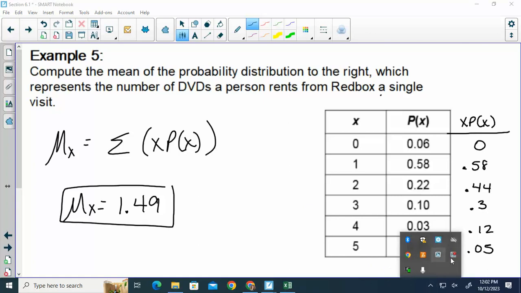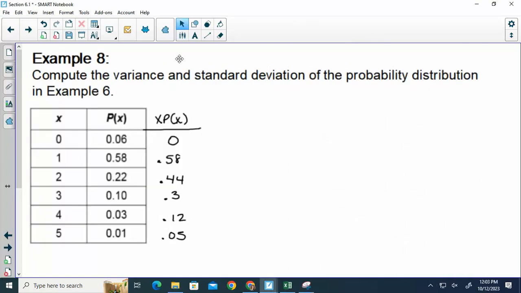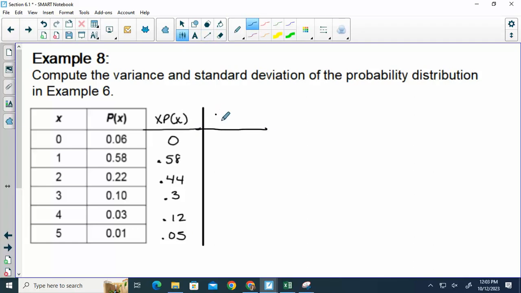Give me a second, I'm going to go on to this. Alright, so we had the x and we had the p of x. The next thing we will need is an x squared p of x column. And you can do that a couple ways.